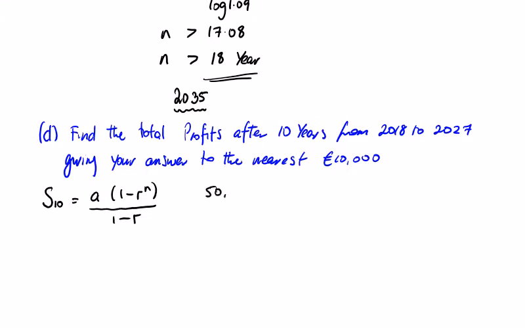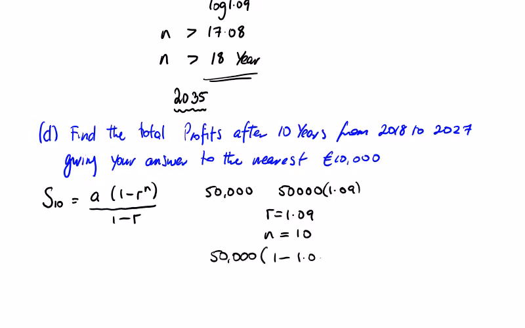So let's just write our sequence out again. A was 50,000. The next term was 50,000 times 1.09. So you can see my R is 1.09 and my n is equal to 10. So just filling this information in, typing it into our calculator will give us the answer. 50,000 times 1 minus 1.09 to the power of 10 divided by 1 minus 1.09.